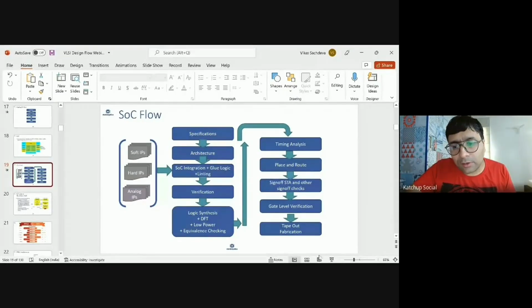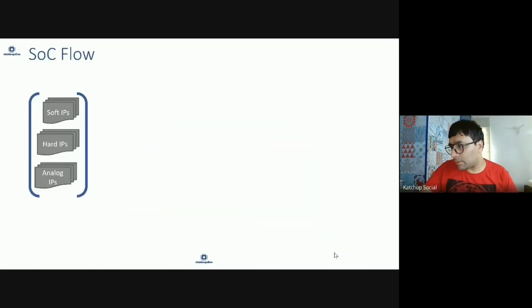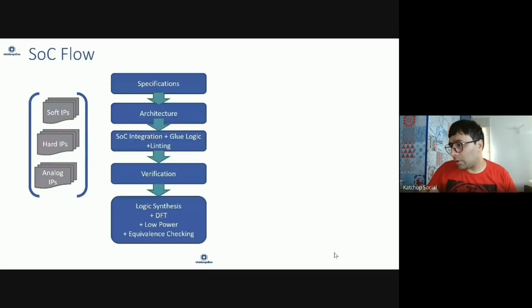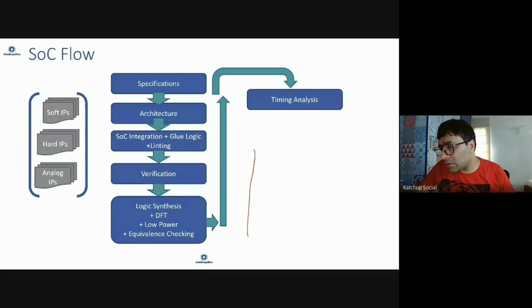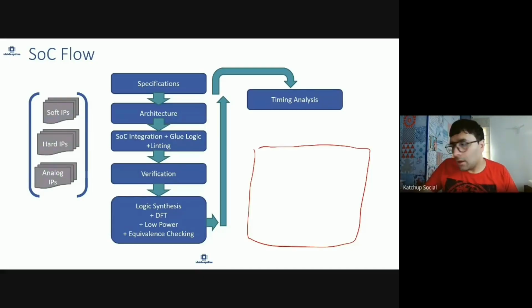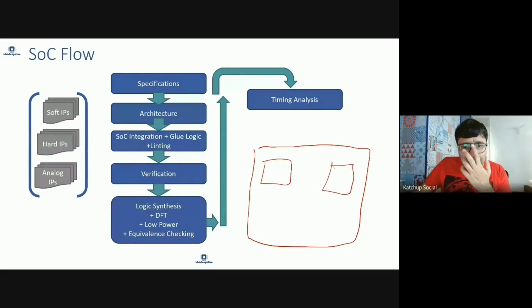Okay, let me then talk about glue logic. Okay, so let's say you have a chip and there are multiple blocks on this chip. When you're doing it at top level, these multiple blocks need to be connected with each other. So you will add some logic.